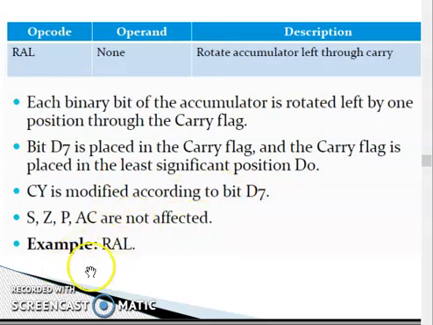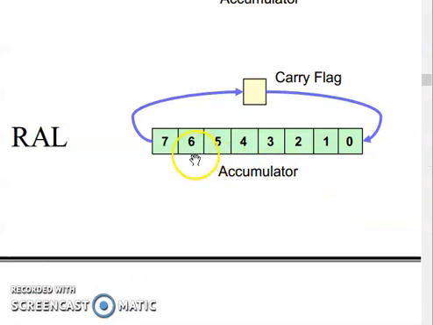An example of a rotate left instruction is RAL. In case of RAL, the D7th bit is shifted to the carry flag and the carry flag is shifted to the D0th position. Now we are going to rotate towards left.